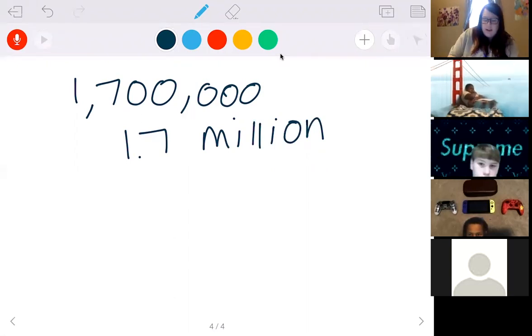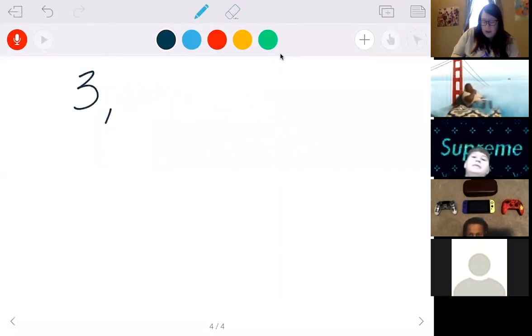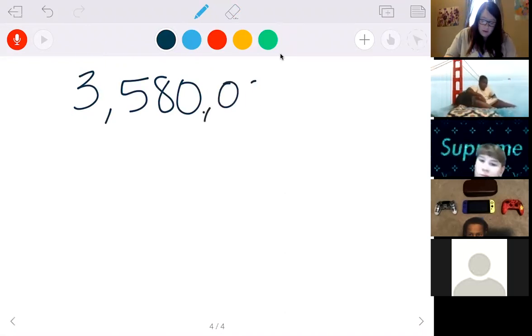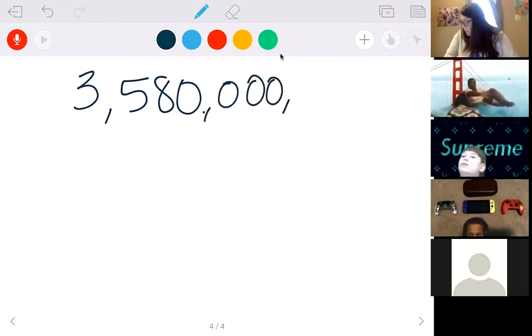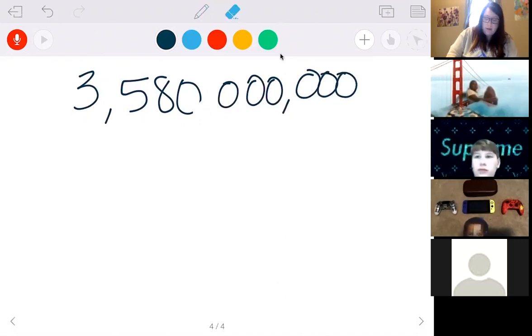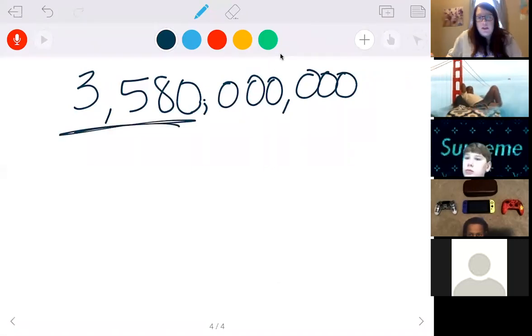All right, now let me show you a different one. This one's important, so pay attention to this one. If they give you one like this, 3,580,000,000. Ignore that little dot there. That's not supposed to be there. Just ignore it. Every time I erase it, it puts a dot. So 3,580,000,000. So what do you do if there's more than just two numbers here?